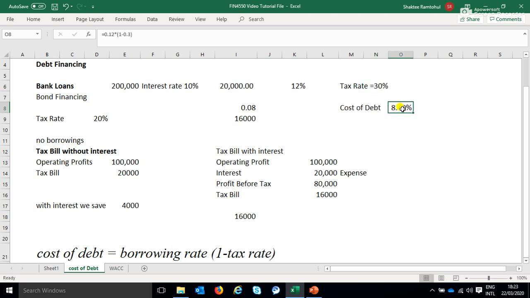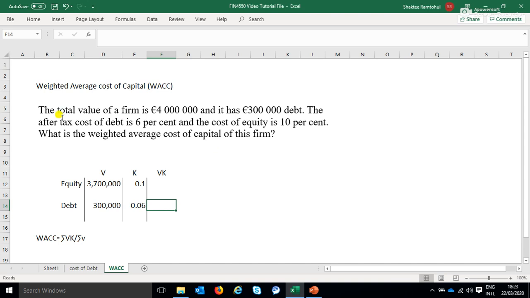That 8.4%, we normally refer to as the after-tax cost of debt, or sometimes the post-tax cost of debt. The 12% will be referred to as the pre-tax cost of debt. So in the question, the after-tax cost of debt has already been calculated for us, and that's 6%.